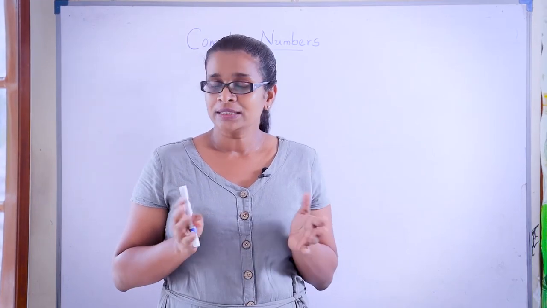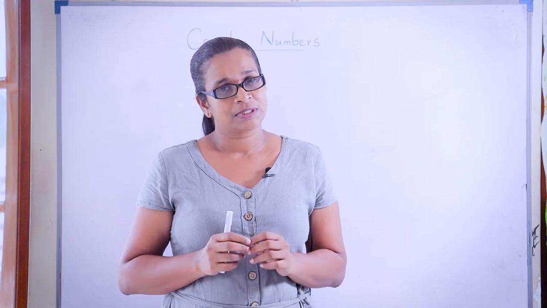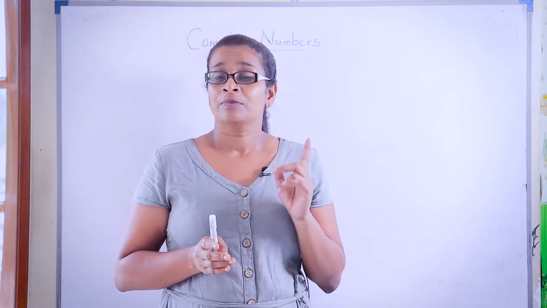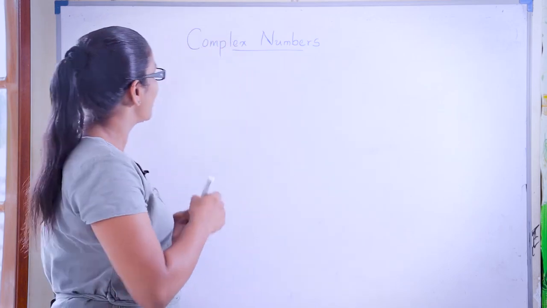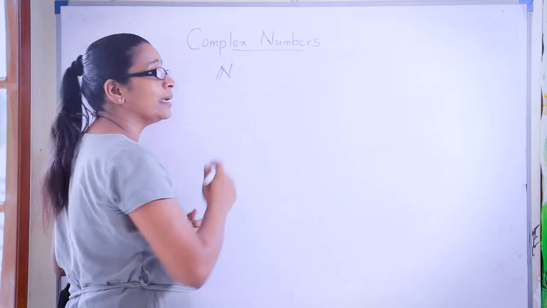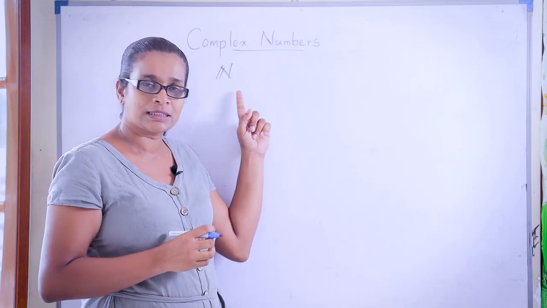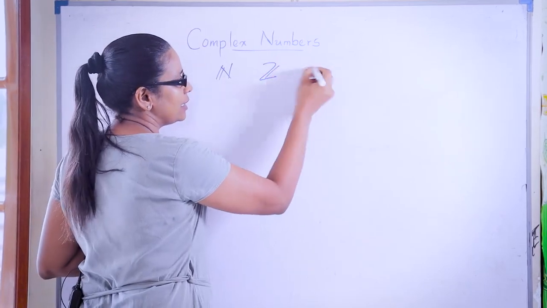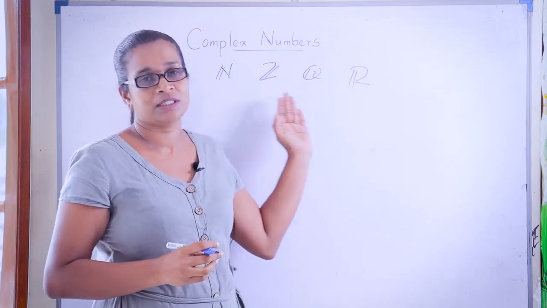Okay, so let's start with the number system. I think you can remember the real number system, which was the first lesson in your combined maths syllabus. If I write down N, this denotes the natural number system. N, Z, Q, R. I think you can remember these notations.